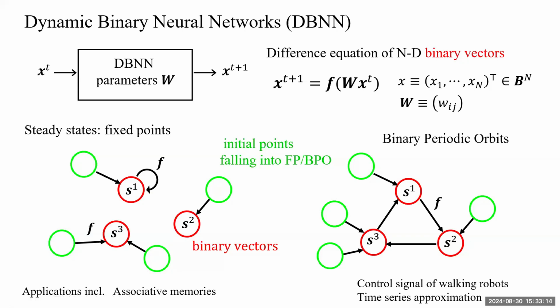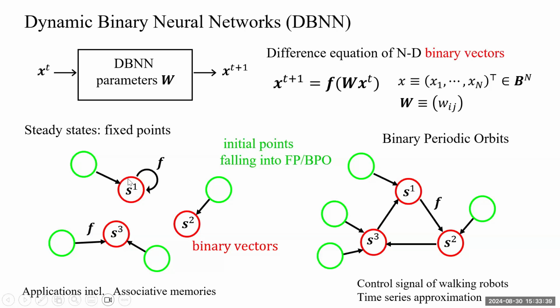Since the number of n-dimensional binary vectors is finite, the steady state must be a periodic orbit, including fixed points. Here, the steady state is multiple fixed points. In this figure, S1, S2, S3 are binary vectors. They are fixed points.